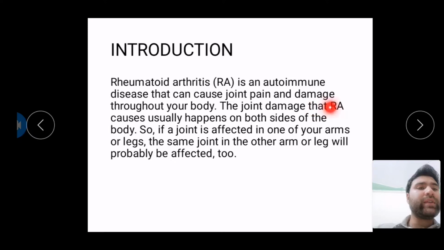The joint damage that rheumatoid arthritis causes usually occurs on both sides of the body. So it is mostly a bilateral disease. For example, if one of your arms or legs is affected, the same joint in the other arm or leg will probably be affected too.